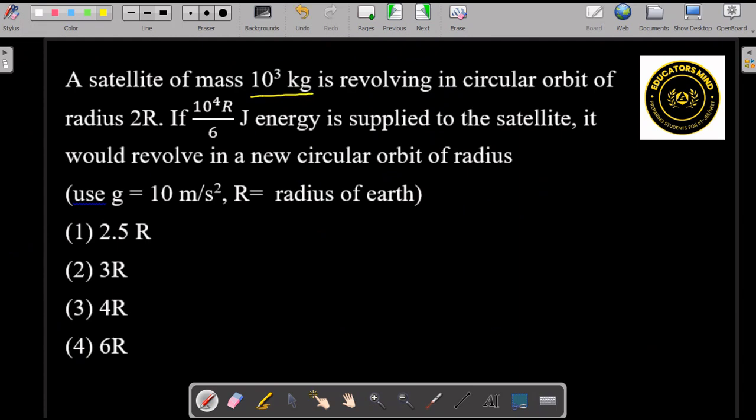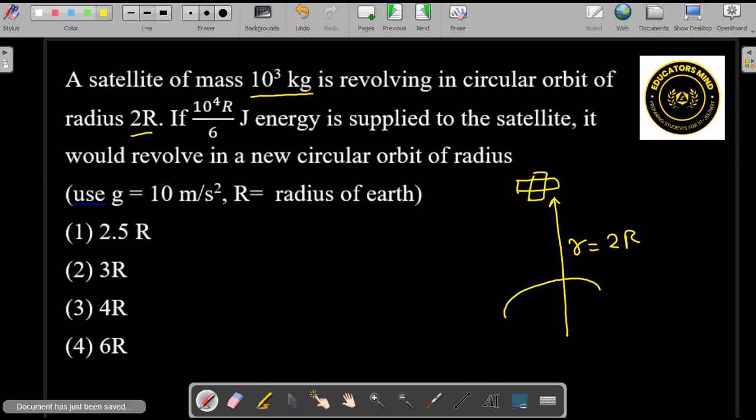Satellite of mass 10 to the power 3 kg is revolving in circular orbit of radius 2R. So a satellite is revolving around Earth. The radius of the orbit is 2R. If this energy is supplied to the satellite, it would revolve in a new circular orbit.